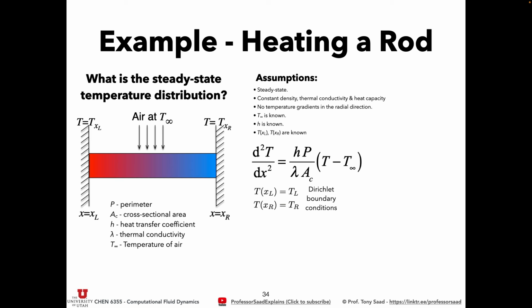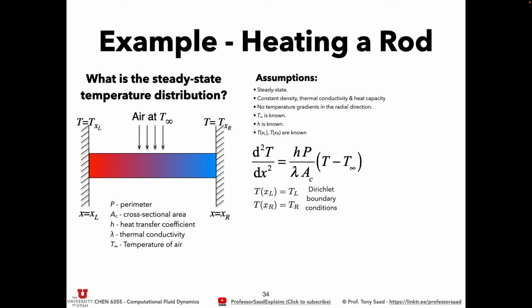T is the actual temperature in the rod, and T infinity is the ambient temperature. Once T in the rod reaches T infinity, this becomes 0, and then nothing changes anymore. You essentially reach no more change in your heat transfer.